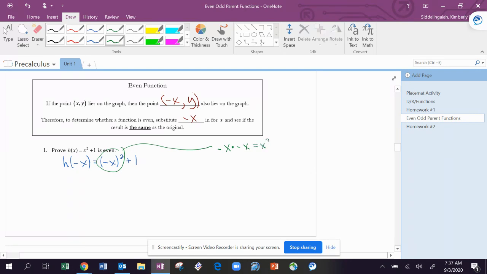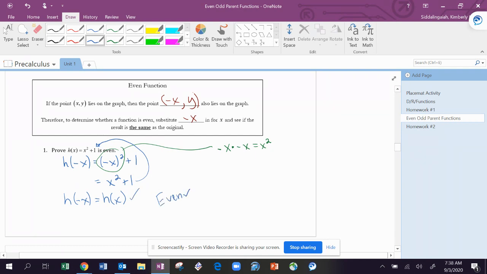So this is just going to give me x squared. So this is x squared plus 1. And hey, that is the original function. So what that tells me is that h of negative x is the same thing as h of x. So whether we put in a positive or a negative input, we get the same output. So this means that this is definitely even.